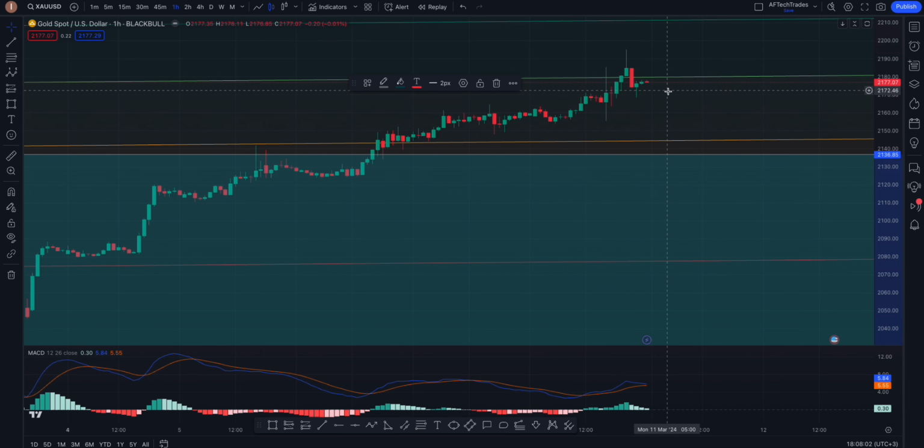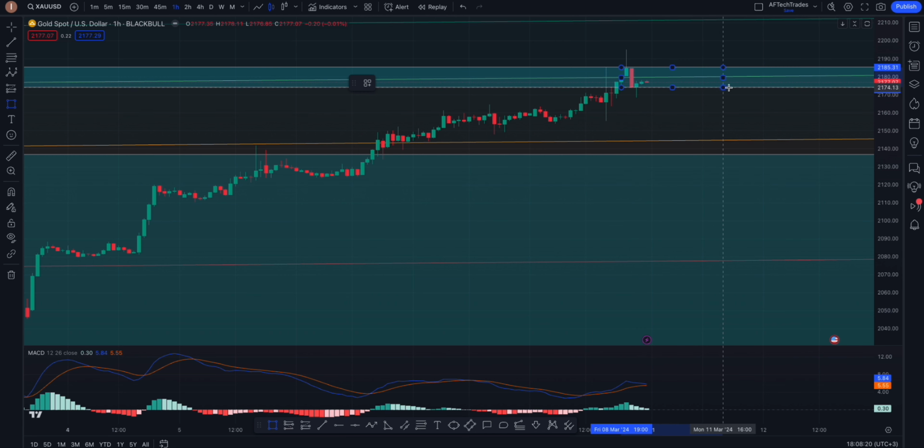So what I would expect in the 1 hour time frame, for me to trust that a sell is possibly happening here, is another engulfing candle within this region. This is a clear engulfing here.